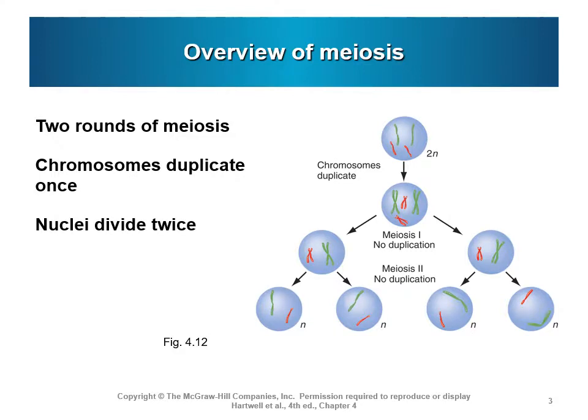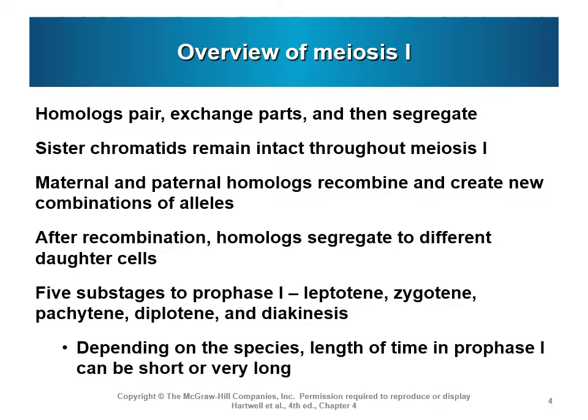Here is an overview of meiosis, where a cell duplicates its chromosomes, but then the cell itself divides twice, which results in a cell that contains only half of the full set of chromosomes. Overview of meiosis I is the following.